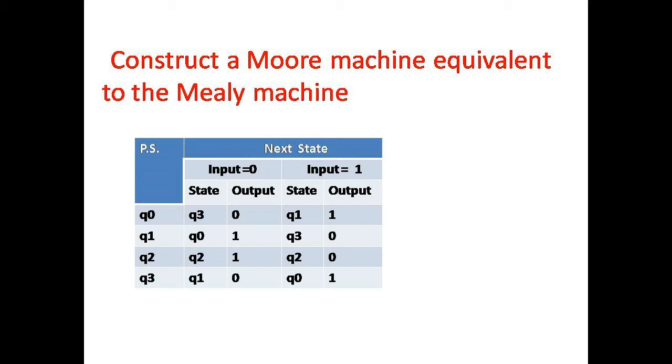This output symbol depends on the state of the machine Q3 and the input 0. Same as Q0 on input symbol 1 goes to Q1 and produces the output 1. This output 1 depends on the state of the machine Q1 and the input symbol 1. We have to convert this Mealy machine to Moore machine.